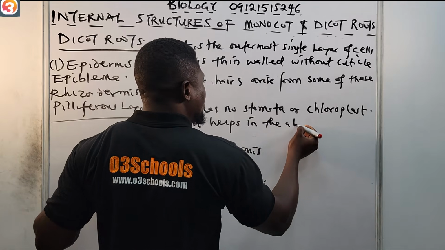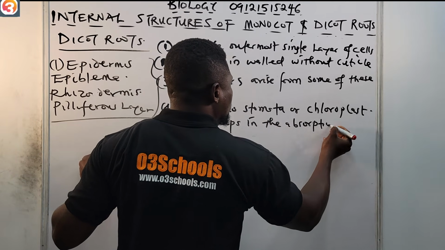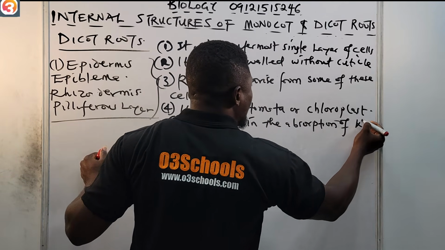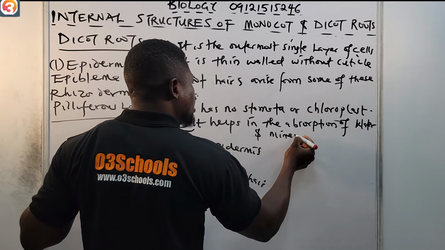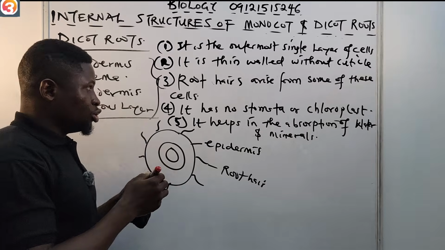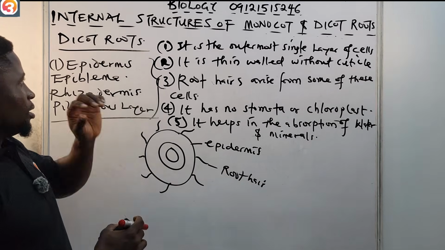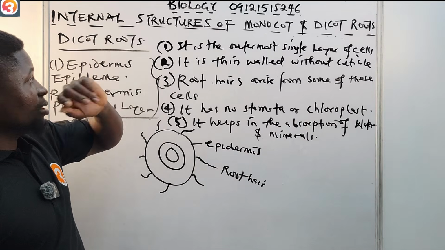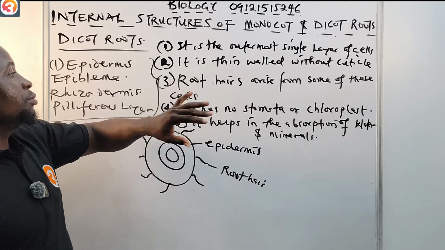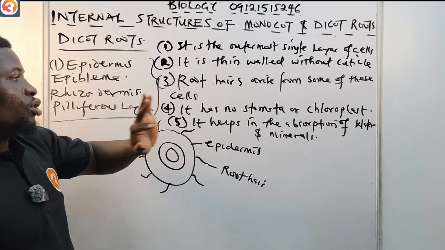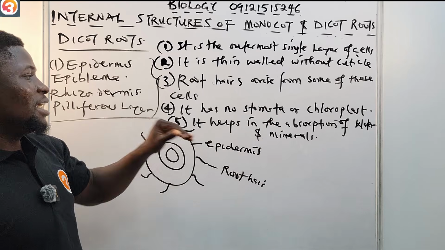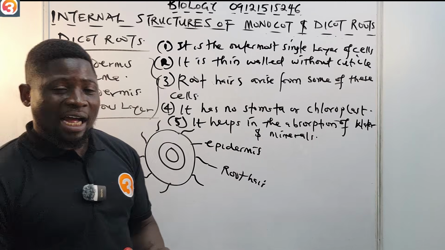So this is what you should know about the epidermis: it is the outermost single layer of cells, thin-walled without cortical, root hairs arise from some of these cells, and it has no stomata or chloroplasts. It helps in the absorption of water and minerals.